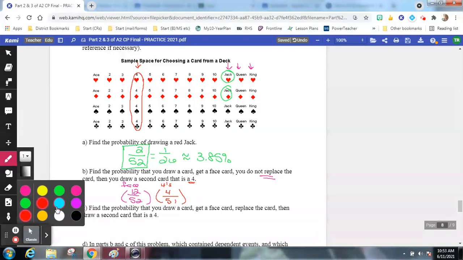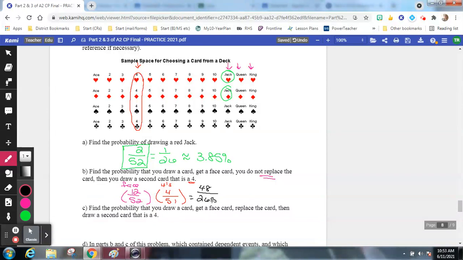Okay, so again, at that point, you can multiply it out. You would get 48. 4 times 12 is 48. 52 times 51 is 2652 if you want the fraction. Or you can give me the percent or the decimal. Now part C is the same thing, but now we're replacing the card.